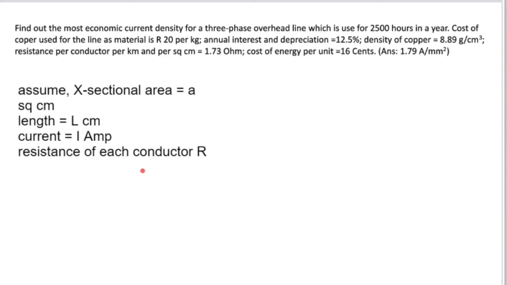In the unit it is per kilometer, but we are using centimeter, so we have to convert that to centimeter. It will be 10 to the power 5 here. Does it make sense?